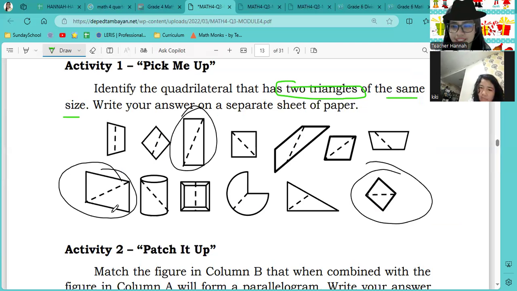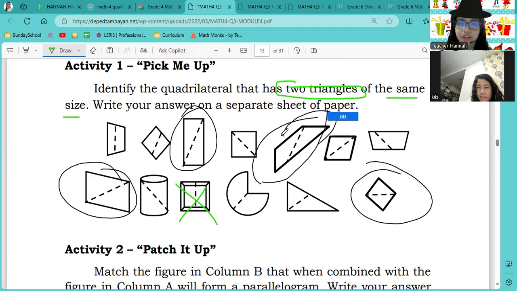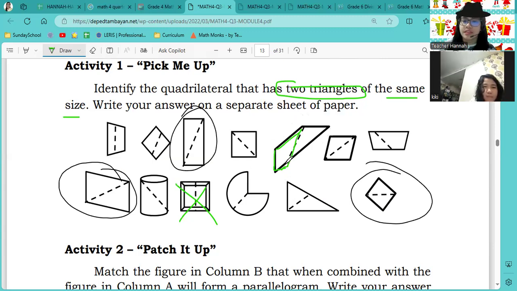What else? Is that a triangle? Oh, there's no triangle here. What else? Still have two more. Oh, this is not equal. Look at this. This is not a triangle. It has four sides. You have this one and this one. Okay, Michaela?